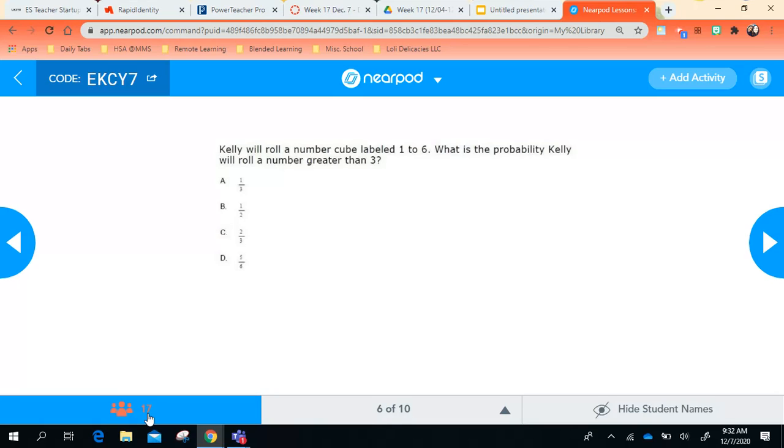You might want to start by writing out all the numbers on the number cube. Circle the ones that are greater than 3. All you're doing is finding the probability.